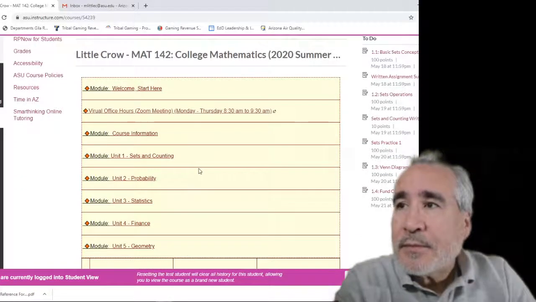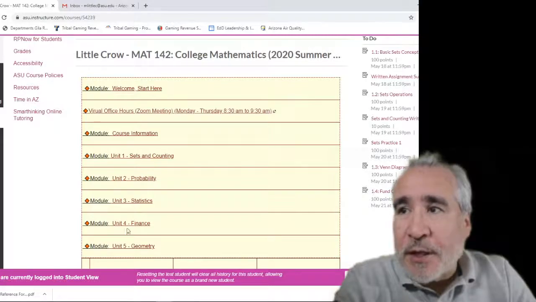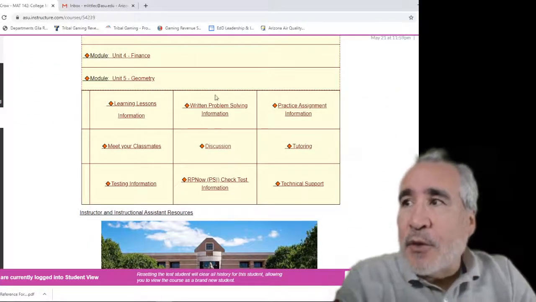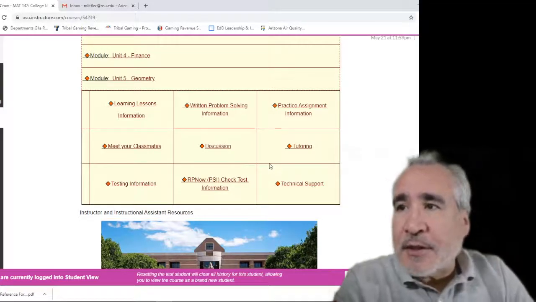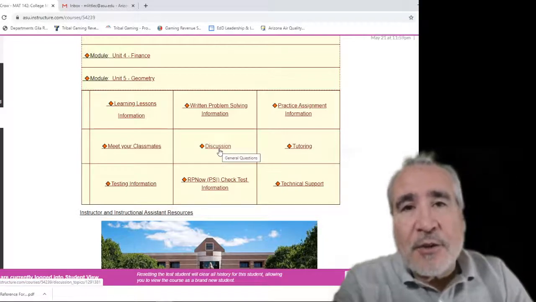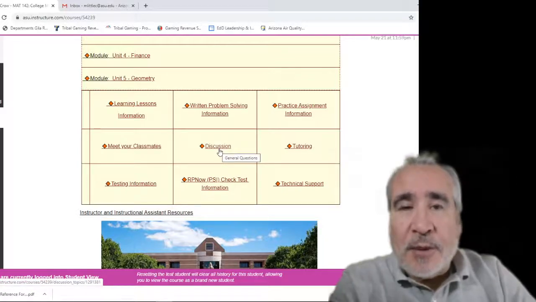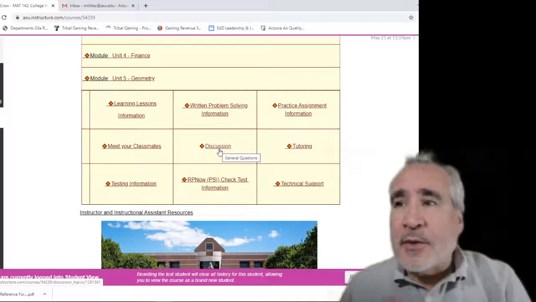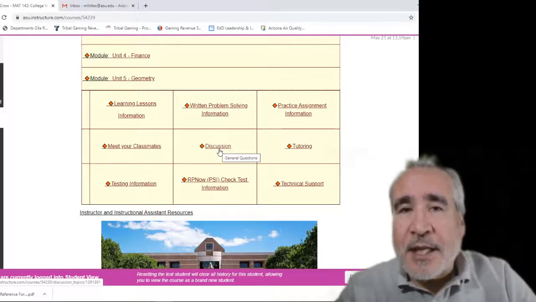Okay. So again, the course module. So you just kind of walk through here. Down here, there is more information on sort of general things. If you want to know about testing, you go there. Discussions, that's how you can post questions. And so we can do this asynchronously. You're working at 3 in the morning. And again, you all are from different parts of the world, different time zones.